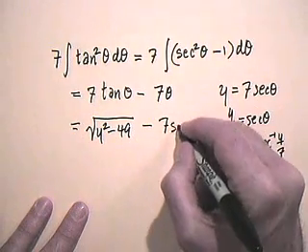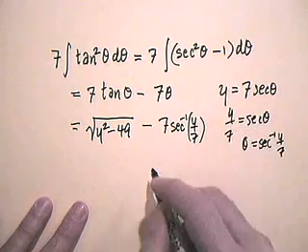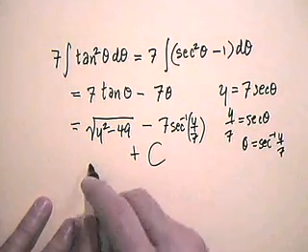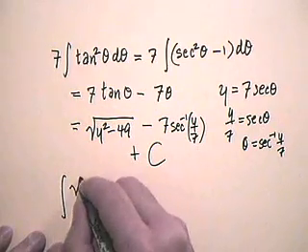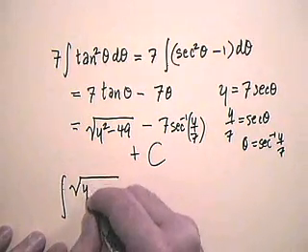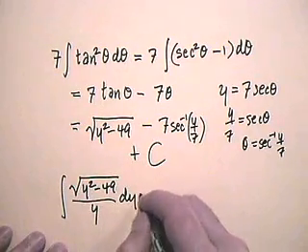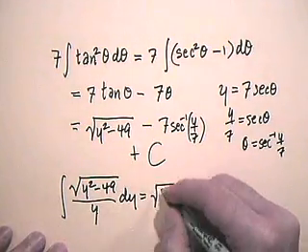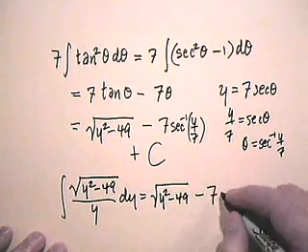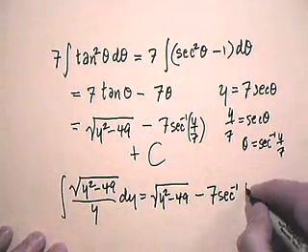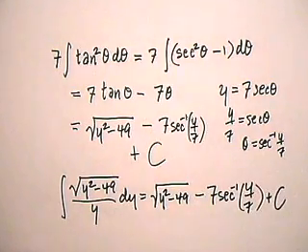And then don't forget to add the big capital C. So the end result is the indefinite integral of square root of y squared minus 49 all over y dy equals square root of y squared minus 49 minus 7 times secant inverse of y over 7 plus C.